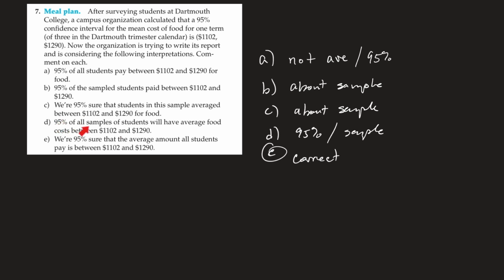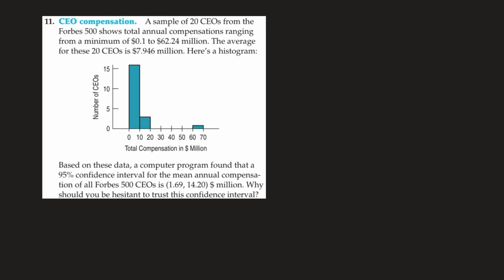So they're really mixing up some results here, and this is a big problem. And then the bottom does a pretty good job. We're 95% sure that the average amount students will pay is between $1,102 and $1,290. So E obviously sounds the most correct and clearly is, because it describes the population and it's using average results to describe it.